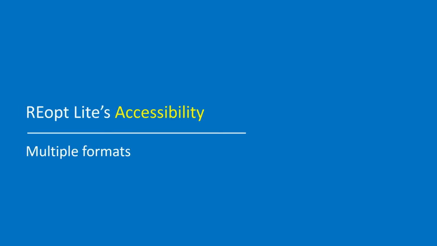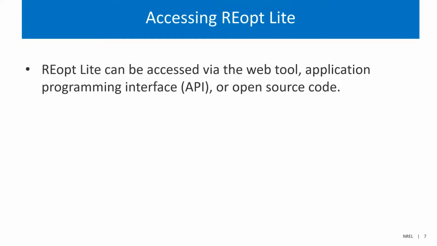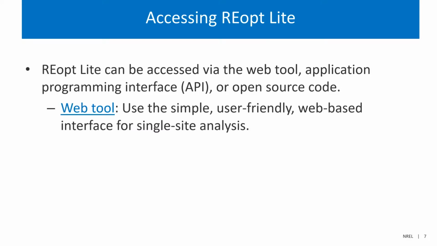So, REopt Lite's accessibility. REopt Lite is accessible in multiple formats. One is the Webtool, second is the API, and third is open source. The Webtool is a simple, user-friendly, web-based interface for single-site analysis, where users can open the tool in their internet browsers, fill in a form of inputs, and then get output nicely visualized on the Webtool.